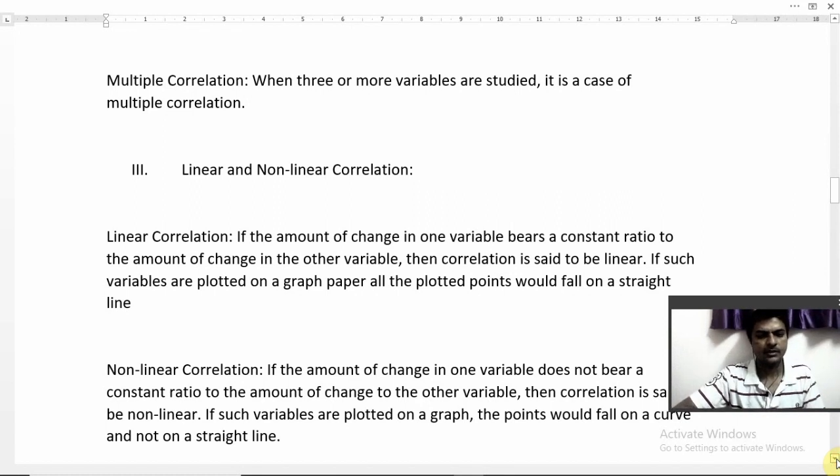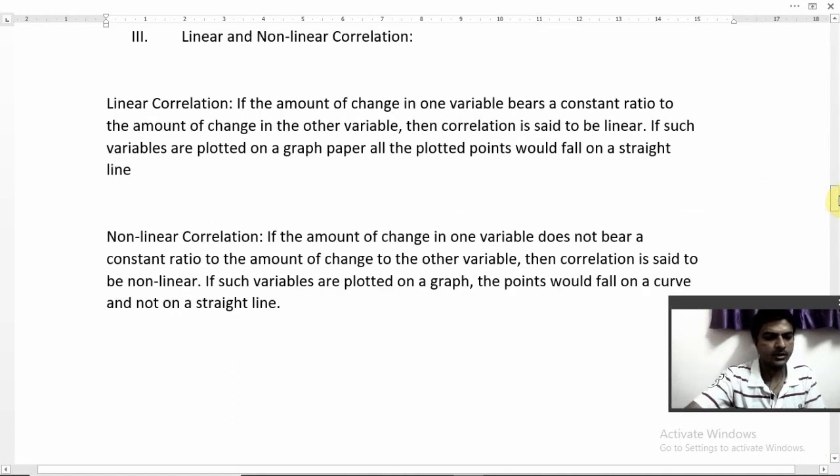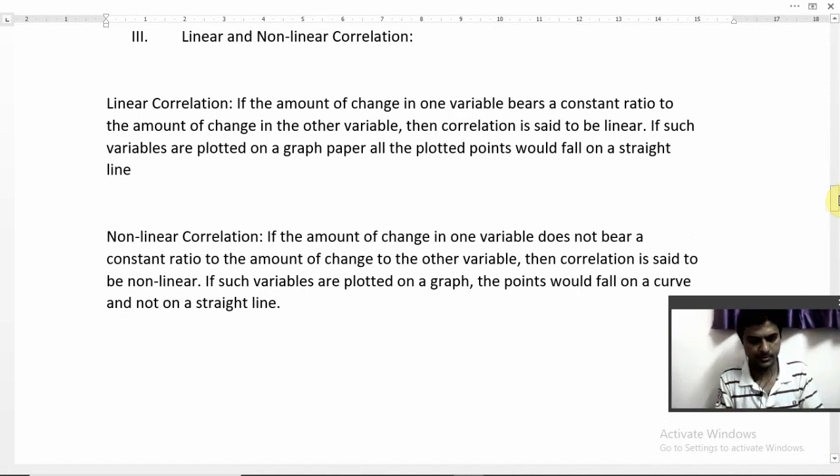Yes friends, the last correlation here we have is non-linear correlation. Here we can see if the amount of change in one variable does not bear a constant ratio to the amount of change in the other variable, then correlation is said to be non-linear. If such variables are plotted on a graph, the points would fall on a curve and not a straight line. Means there are many points, you take a number of points and plot the graph.